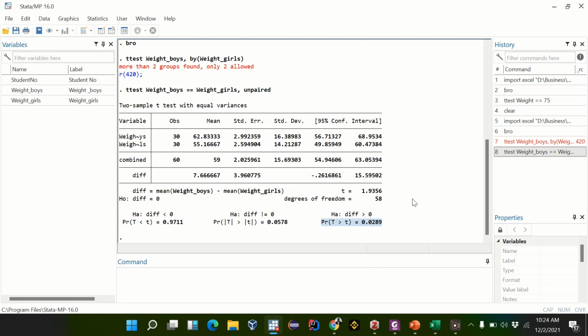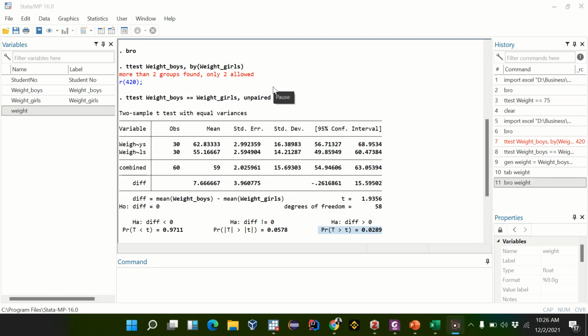Also, if we had a hypothesis that says the weight is the same, this test would be also true because the difference is greater than 0 and it is statistically significant. So we conclude that the weight of boys is not the same as the weight of girls.